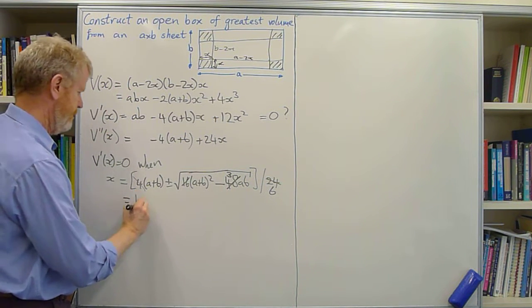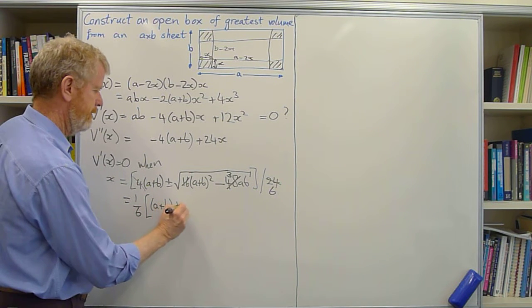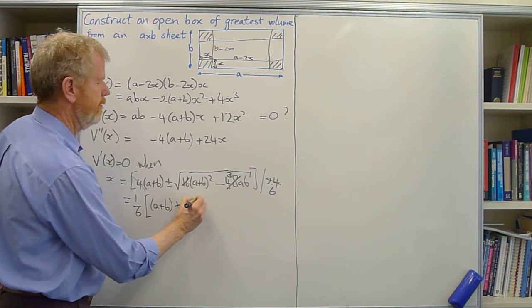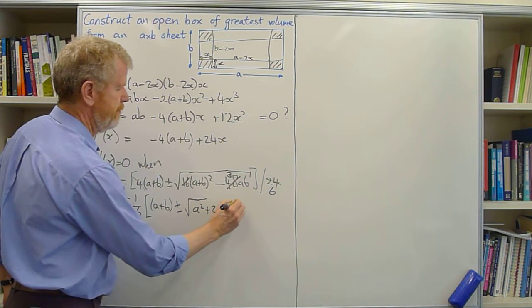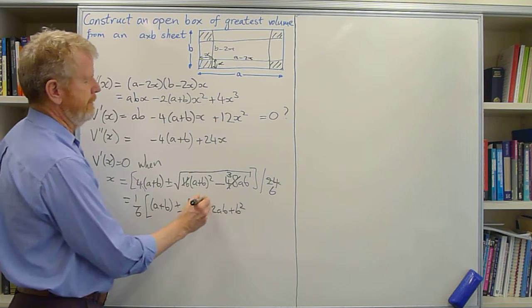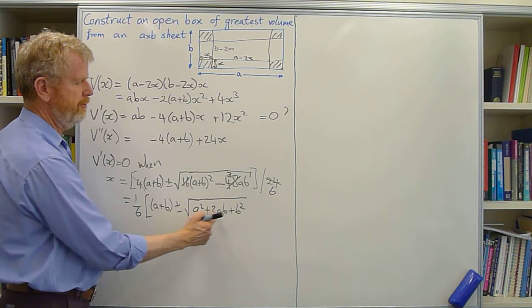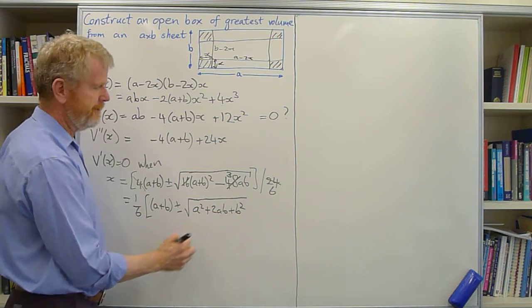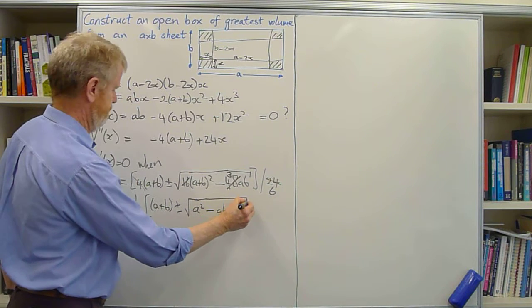So our result is x is equal to 1/6 of a plus b plus or minus the square root of a squared plus 2ab plus b squared minus 3ab. We've got 2ab minus 3ab is minus ab. So let me just rub that out and put a minus in it.